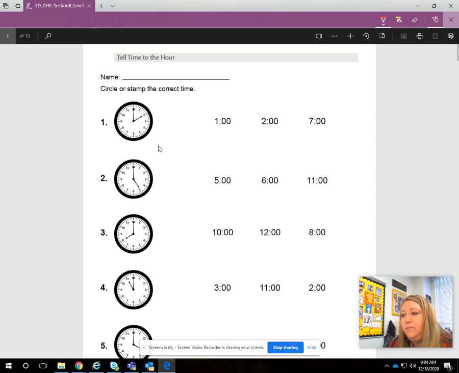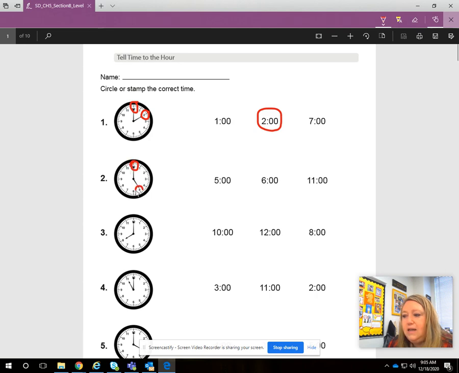numbers well enough. So on this one we have an o'clock because it's pointing to the 12. This one's actually pointing to the 2. The little hand is pointing to the 2. That makes it 2 o'clock. On the next one, we have the big hand pointing to the 12, so we know it's an o'clock.